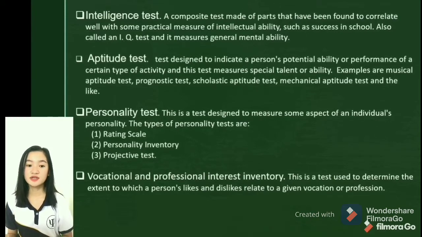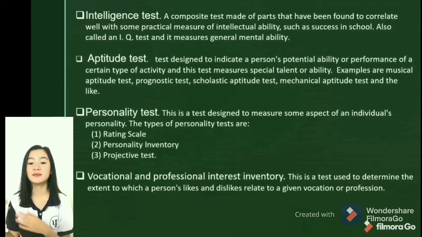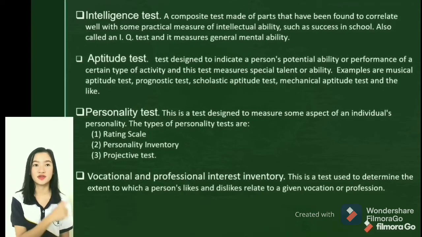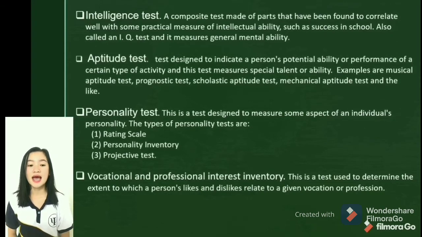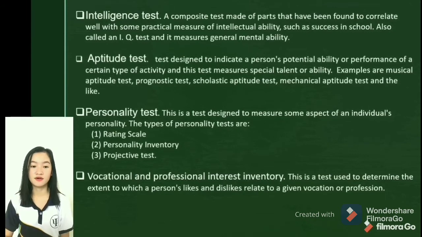It may be arranged for self-rating or for rating by other persons. This test also measures dominance and submissiveness. The last type of personality test is the projective tests. This is a method of measuring an individual's personality in which the stimulus is usually unstructured and produces responses reflecting the person's individuality.